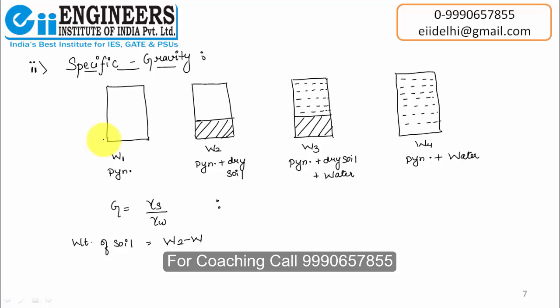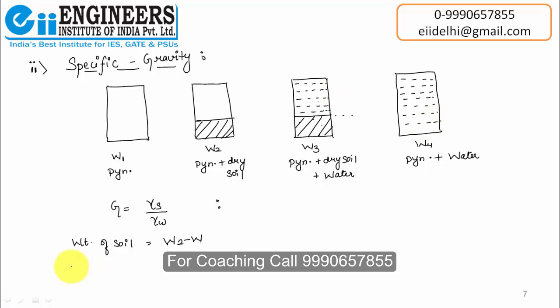Now I have to find the weight of the equivalent amount of water, that means this volume of water. To find this, we take W4 and W3 and get the weight of water.